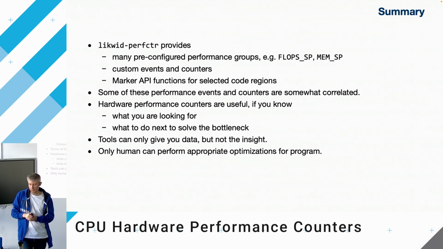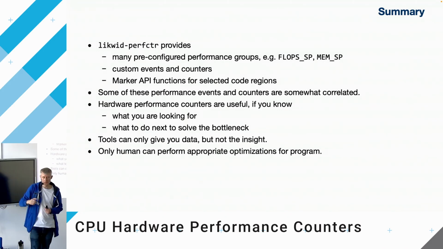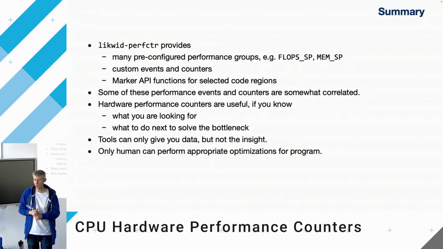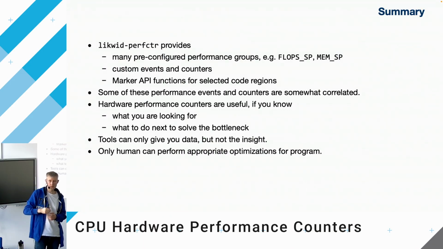Now we've seen it's important, when you want to optimize and get the very best performance on the system, that you understand how the system is actually working. Because if you have a bottleneck in your application, you want to figure out what is happening during the execution of your program in the CPU.